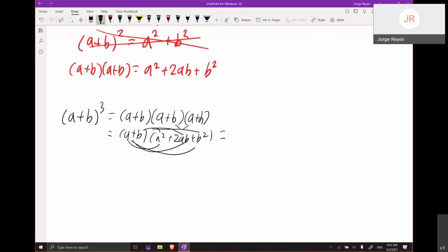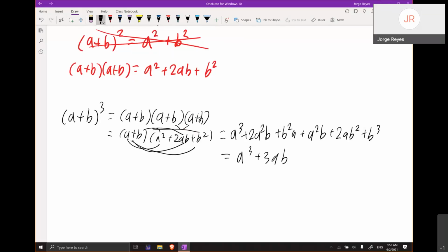And you get a cubed plus 2a squared b plus b squared a plus b squared a again plus 2ab squared plus b cubed, which if you add all the like terms up gets you this thing.